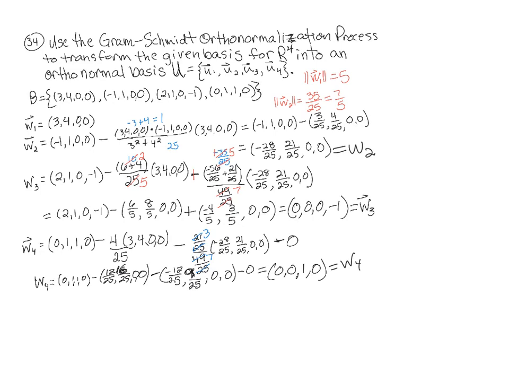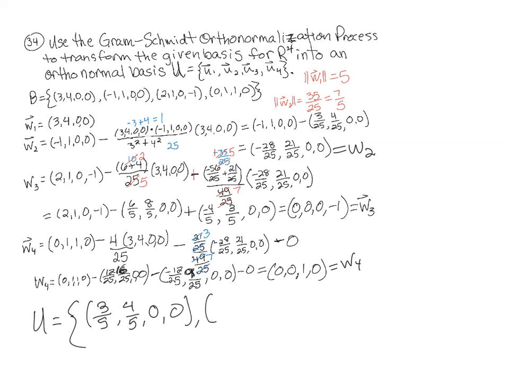So my unit vectors that form an orthonormal basis, U1 is the vector 3, 4, 0, 0 divided by the magnitude of the vector.